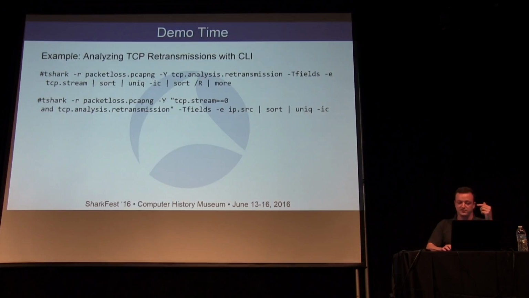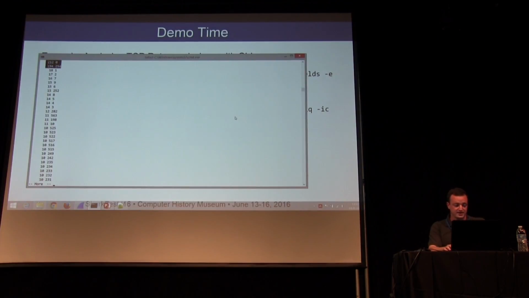So the next step would be, of course, to go for TCP Stream 0, which is the top scorer, and then get additional information like, okay, what are the IP source addresses in here? So who's affected and in what direction do we have the retransmissions, right? Because this may or may not be completely equal, or maybe one-sided, that you only have packet loss from one side to the other, or the other way around, which again might give you another indicator of what might be going wrong.